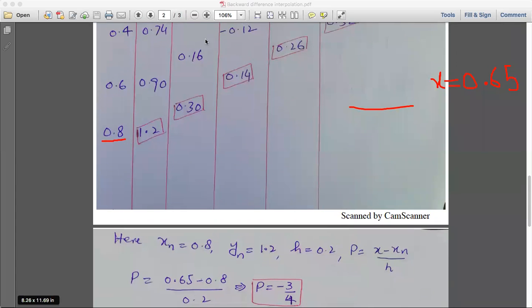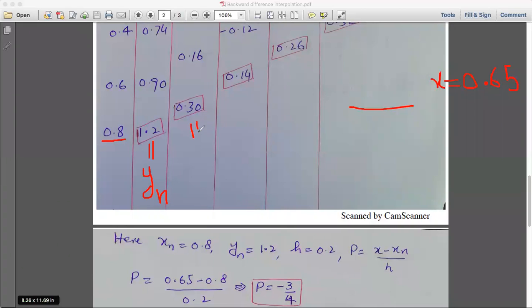Clear? And because now we are studying Newton's backward interpolation formula, and this is backward difference table. So this is the value of xn, और ये वाली वैल्यू क्या होगी, this one, this is equal to yn. ओके, ये yn हमारे पास होगा.